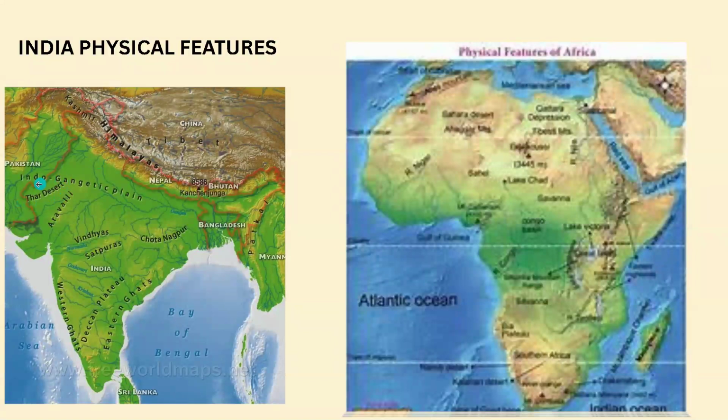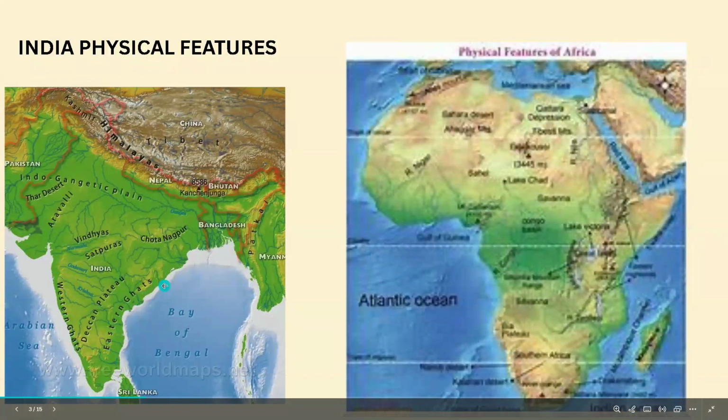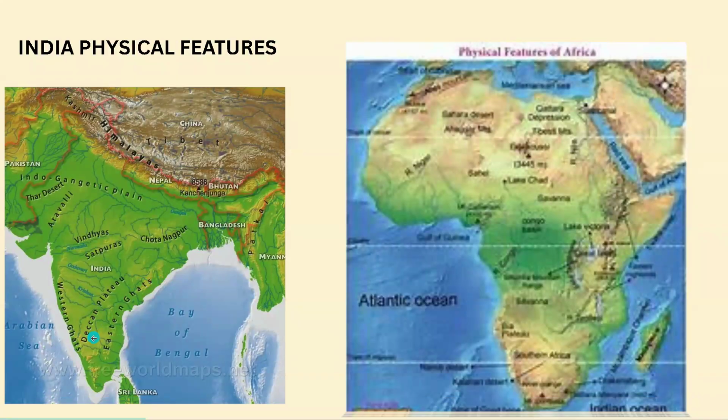As I told you, the Thar Desert is located here, and we have the Vindhya Mountains, Satpura Mountains, and near the Narmada River, the Tapti River. Down, the Western Ghats, and here on the southeast we have the Eastern Ghats. These are the mountains, and the northern plains, the Gangetic Plain we have, the Chota Nagpur Plateau we have, and the Deccan Plateau.